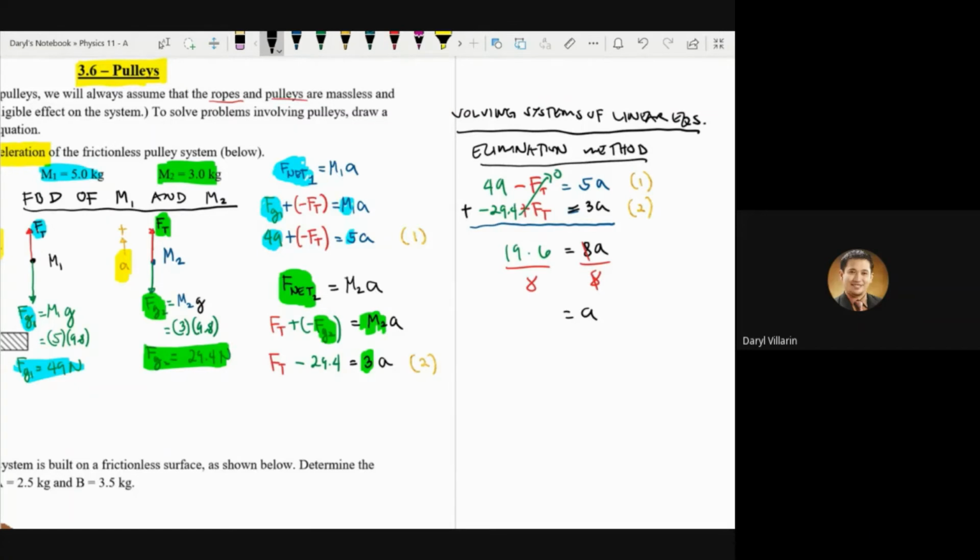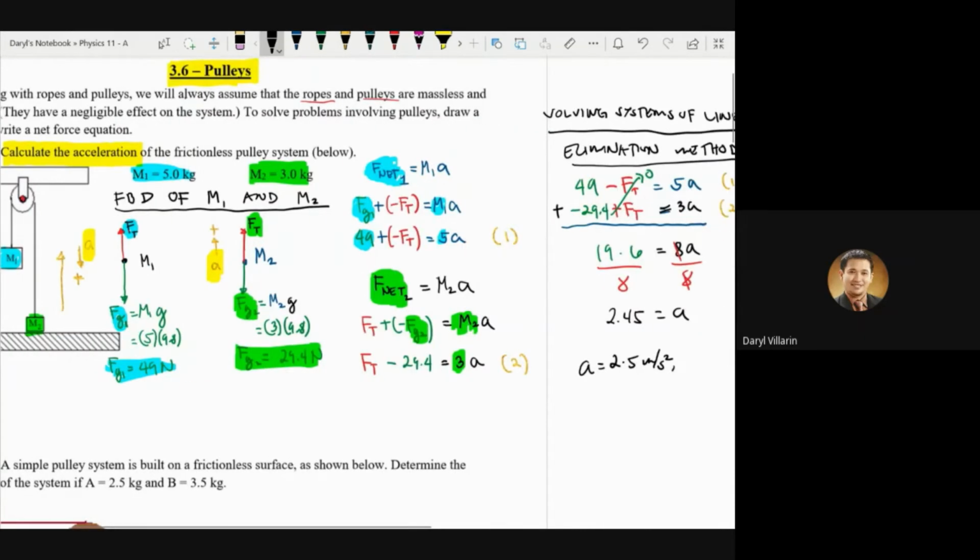So A is equal to, if you divide that, the value is around 2.45, okay? 2.45 or 2.5 in two significant figures, 2.5 meters per second squared.